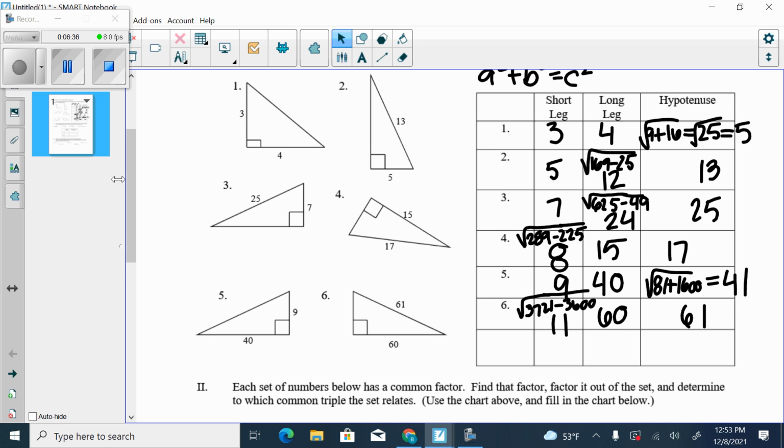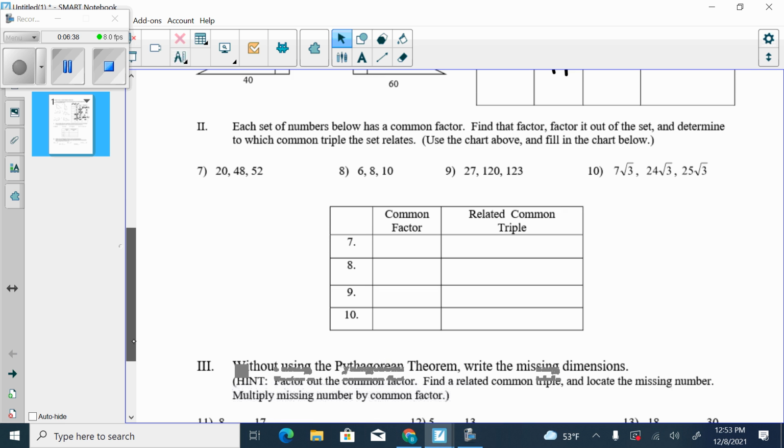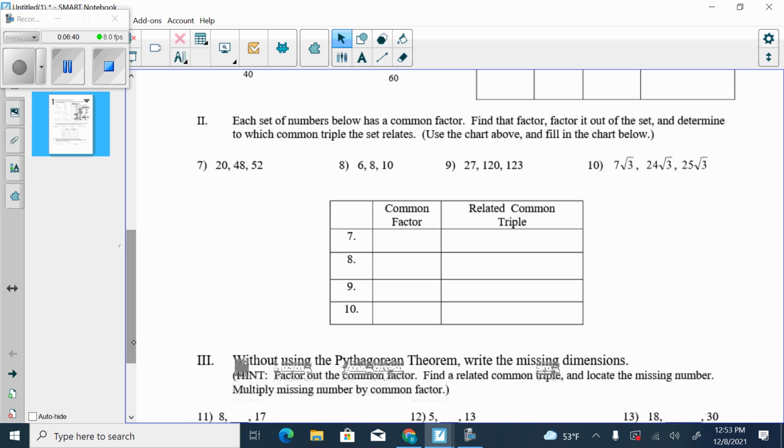Okay? All right, so on number 7, what is your greatest common factor there? What can you factor out of all 3 of those? 4, yeah. So I am going to divide all 3 of these by 4. So on number 7, common factor was 4. Well, when I divide 20 by 4, what are we going to get? 5.